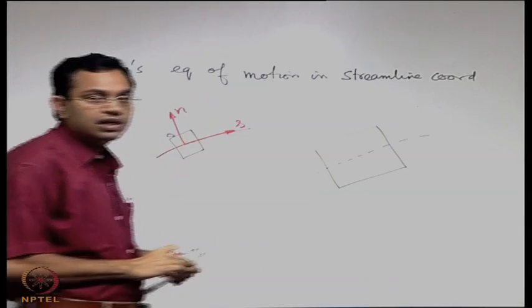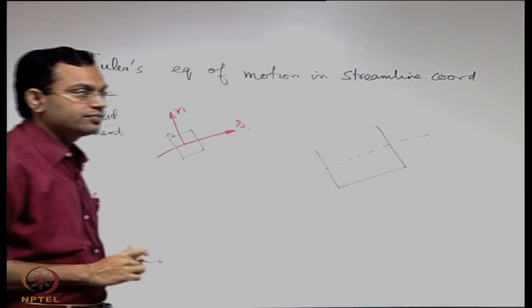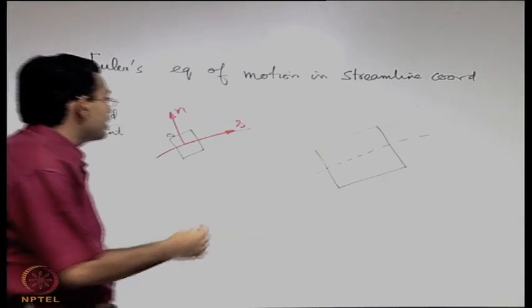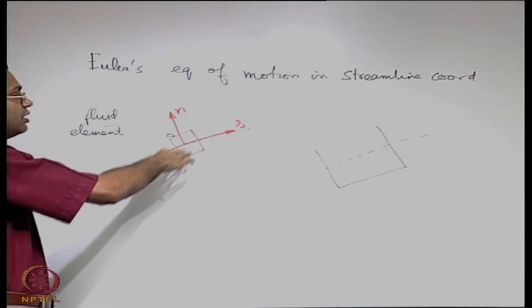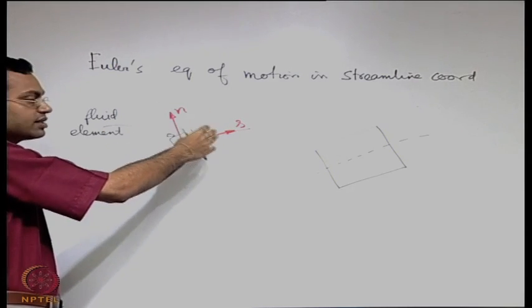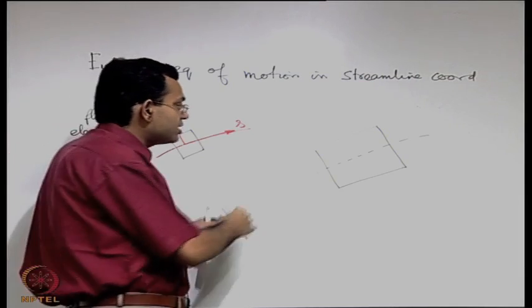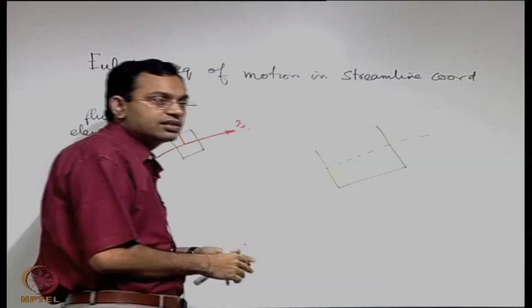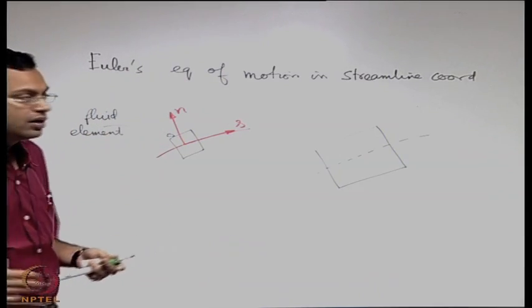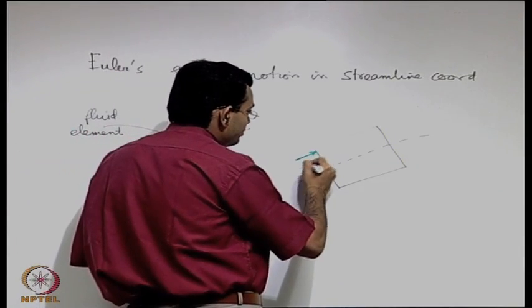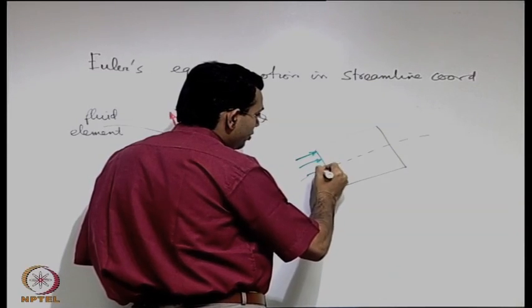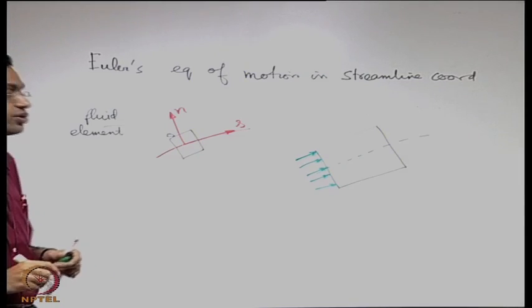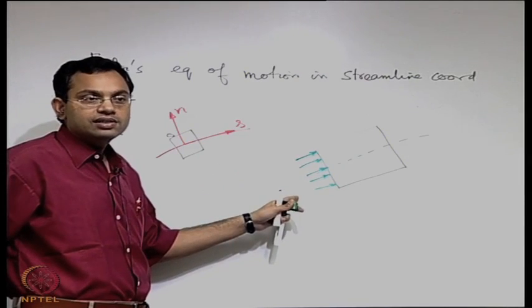Now, we are going to identify all the forces which are acting on this fluid element. Again, there are forces which may be resolved in the coordinate directions S and n. We will first write the equation of motion along S. So, we will only identify the forces which have components along S. So, we consider the left face where you have a pressure distribution, and what is the resultant force on this?